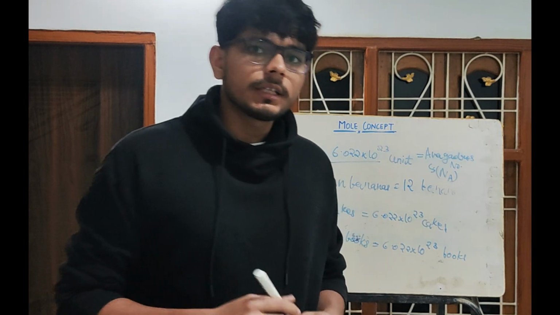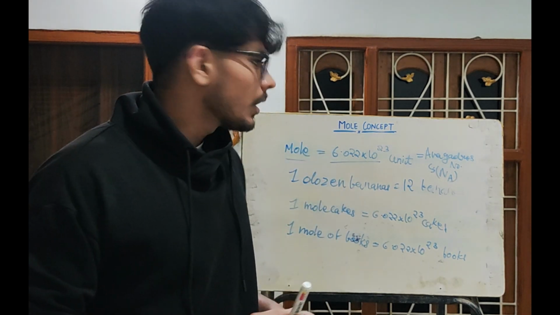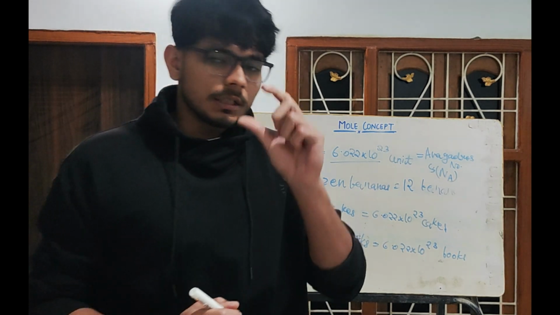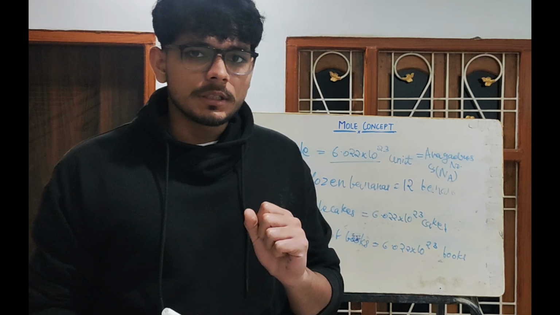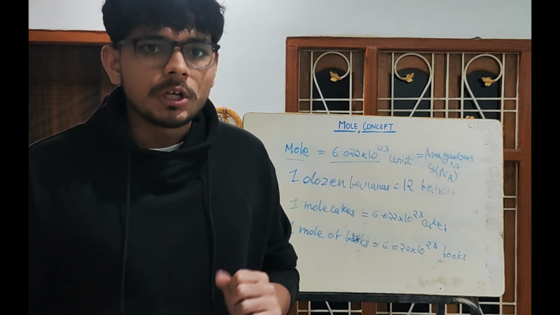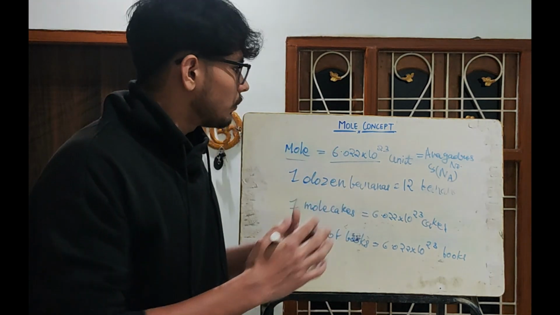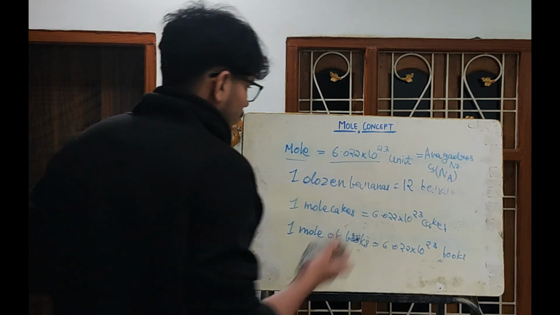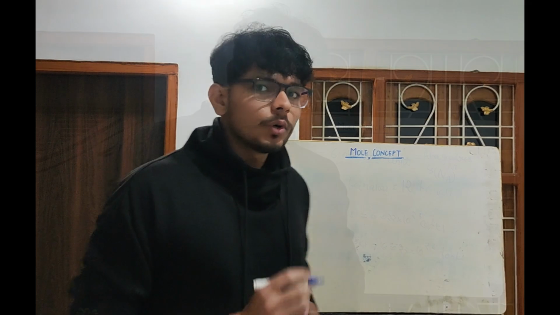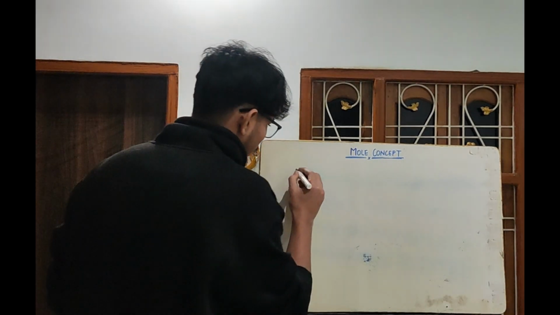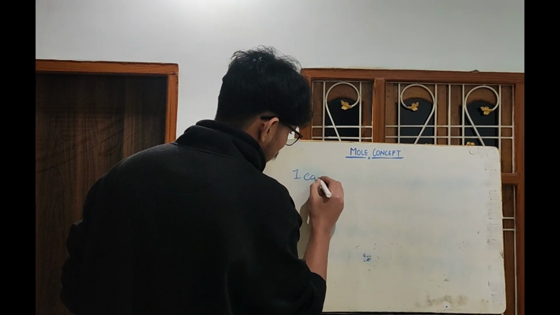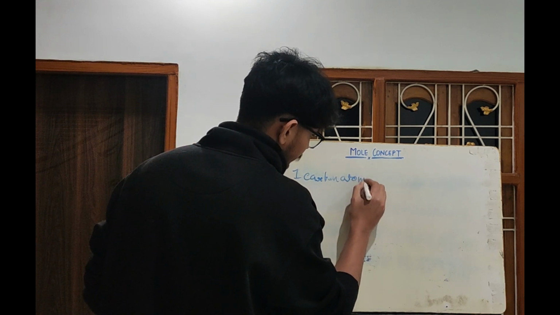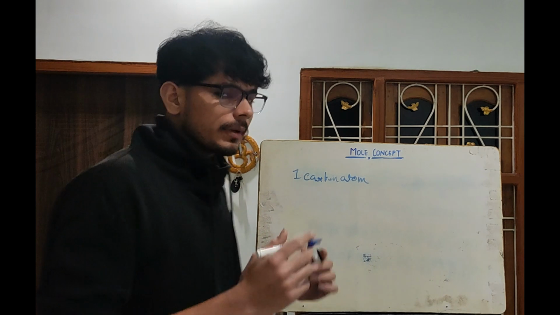Further, as we go into a deeper understanding of the mole concept, we will start from the basics of chemistry and take the smallest unit of carbon, that is a single carbon atom, to understand what the mole concept is trying to tell us. Now, taking a small carbon atom, what does a carbon atom contain?